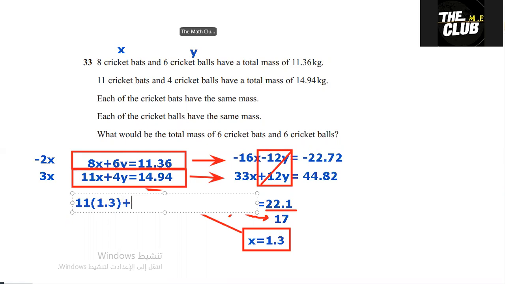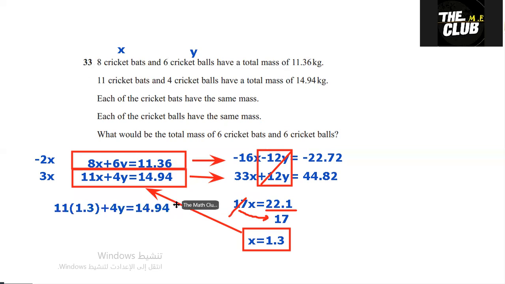So 11 times 1.3 plus 4y equals 14.94. I'm going to continue answering this equation. So 1.3 times 11 equals 14.3.